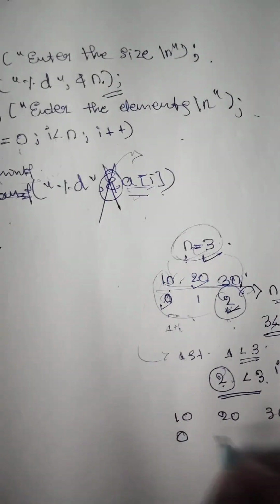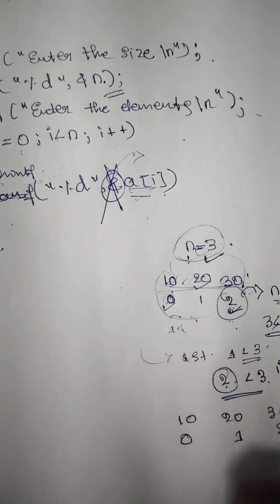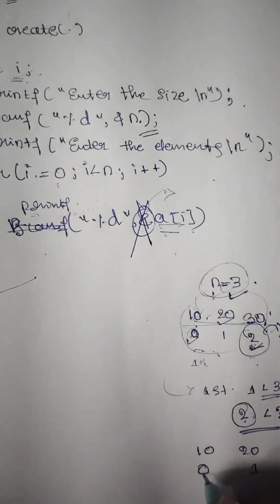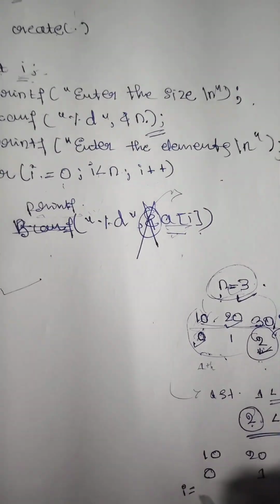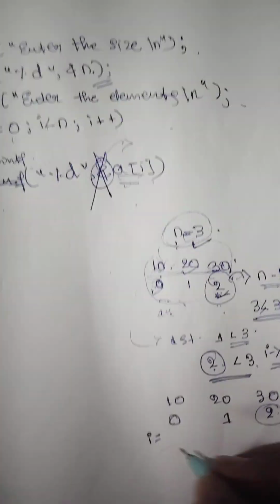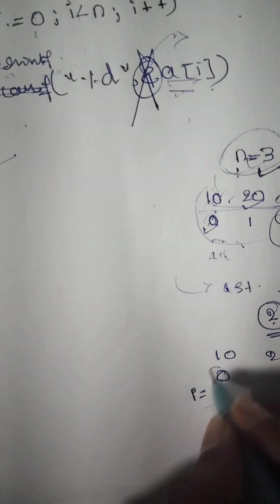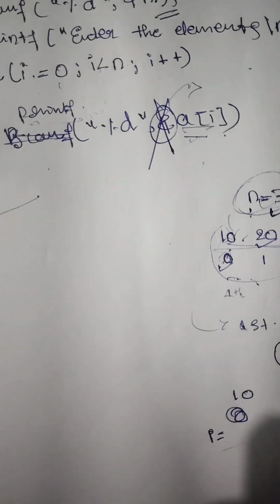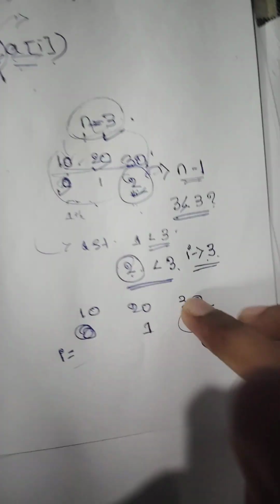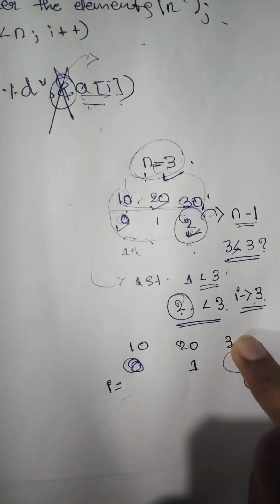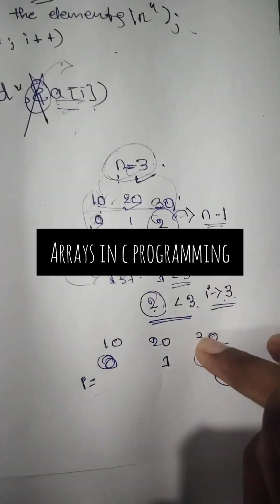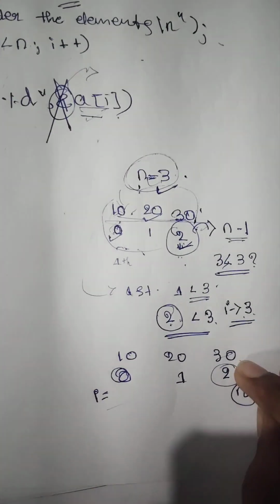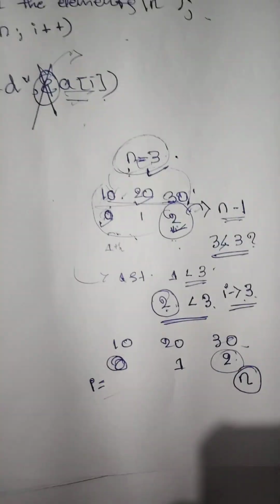It started from the 0th position, 1st position, until the 2nd position, right? So my I is how much? You can set the range: I equal to 0 to I less than n. You also can skip the last element because the array doesn't always need to be full.